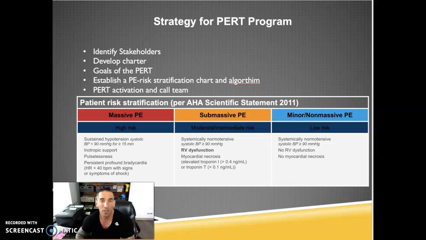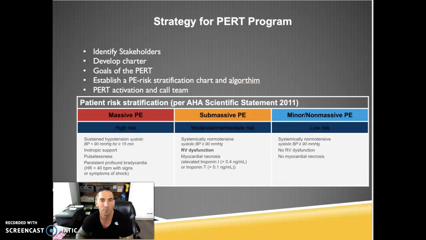And then the end result is going to be what is called a PERT activation team or on-call team, where the ideal situation is where a patient presents to the emergency department with shortness of breath. They're going to have blood draws that indicate what their biomarkers are. They're going to have their blood pressure.